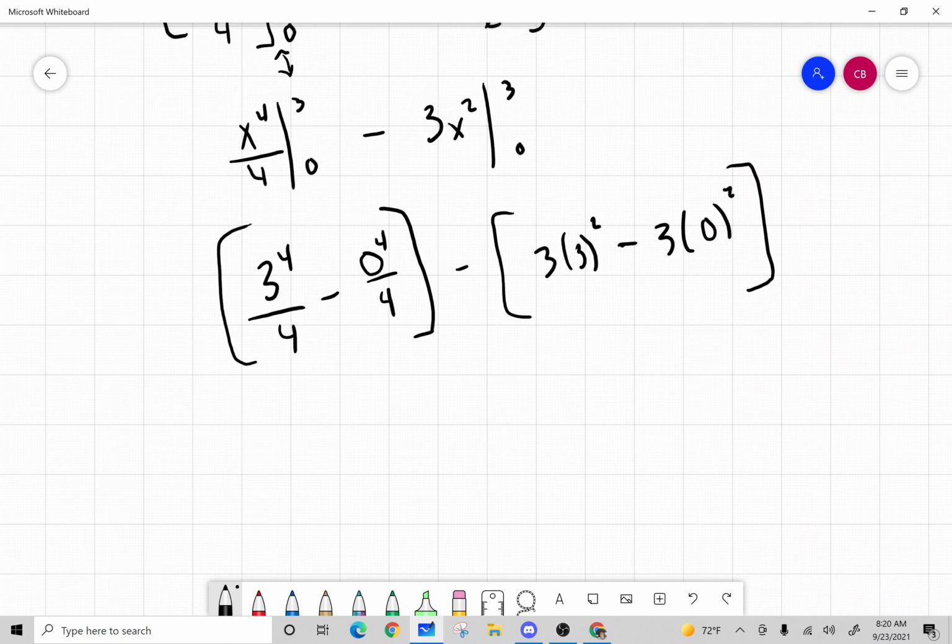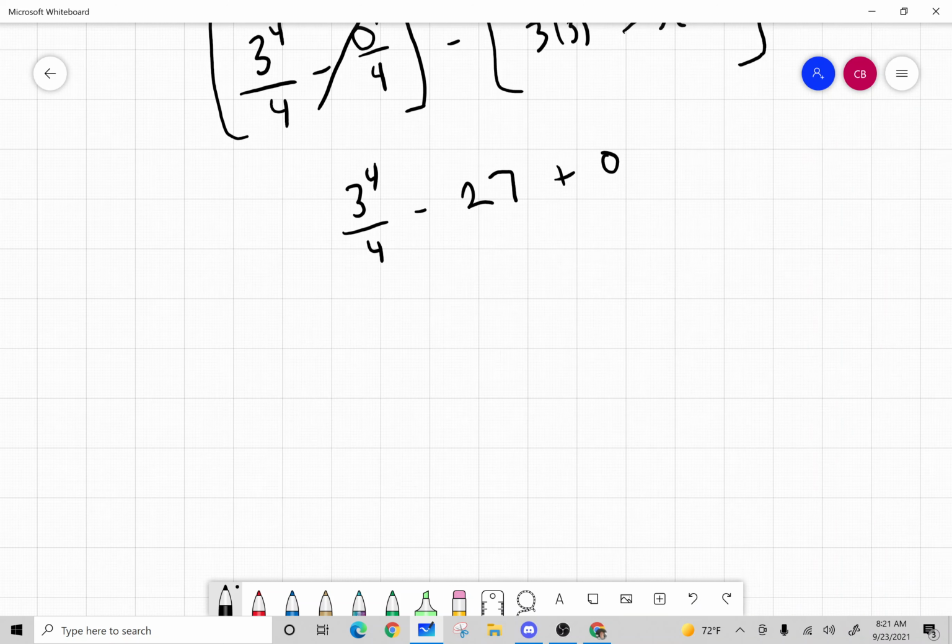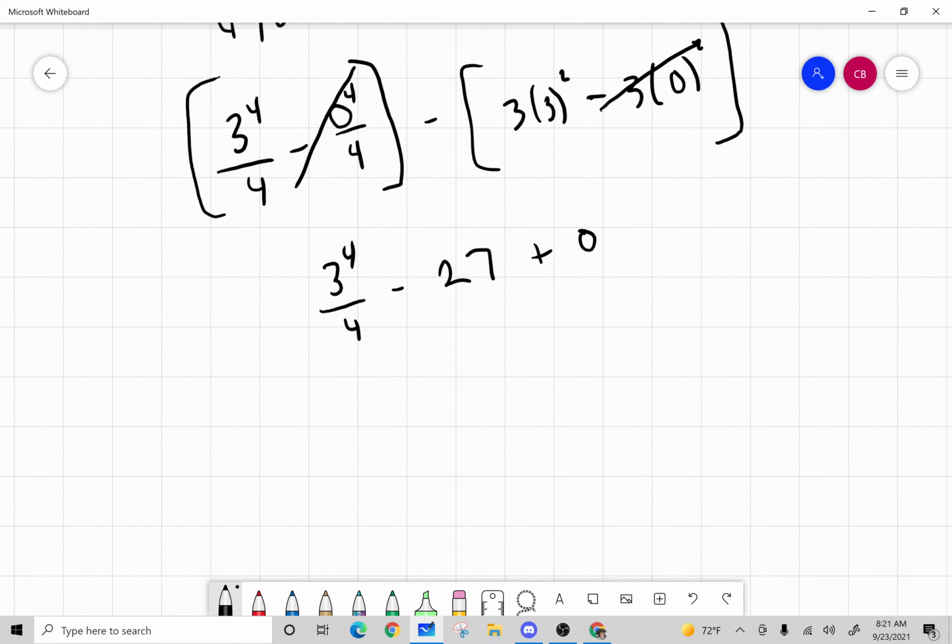And then this goes away. This is going to be 3 to the 4th over 4 minus, that's 3 to the 3rd, which is 27. And then this is plus 0, so that's gone too. We just have to make sure we put the parentheses because we have to distribute to both of these. That's why we were doing that in that step.